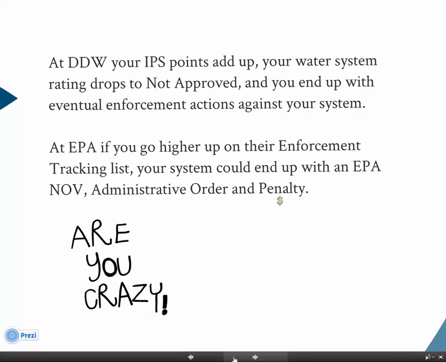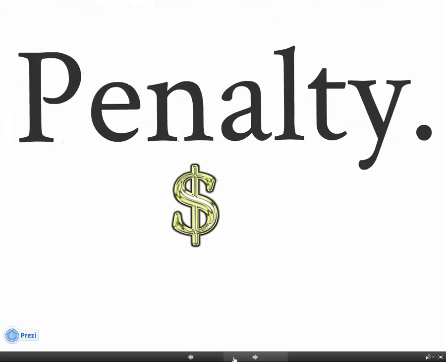Our enforcement and EPA's enforcement include administrative orders, compliance agreements, and we also have the authority to administer a penalty. And a penalty is just fancy speak for a fine. So what we always are looking for if we are assessing a penalty is we want to make compliance cheaper than paying the penalty.